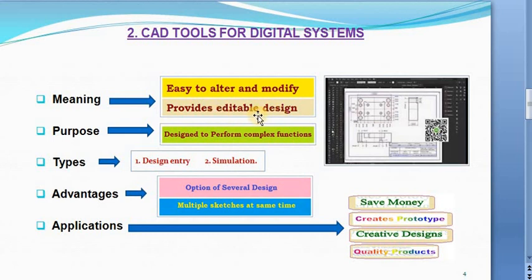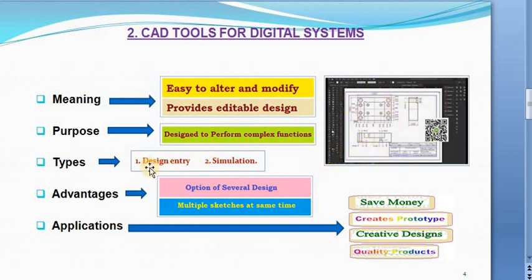So I think the purpose of CAD tools is very clear, that the CAD tools are used in digital integrated circuits to design and perform highly complex functions. So these design tools can provide many tasks such as design, simulation, synthesis, and optimization. We all know that these can be very helpful in order to obtain the physical design of the product.